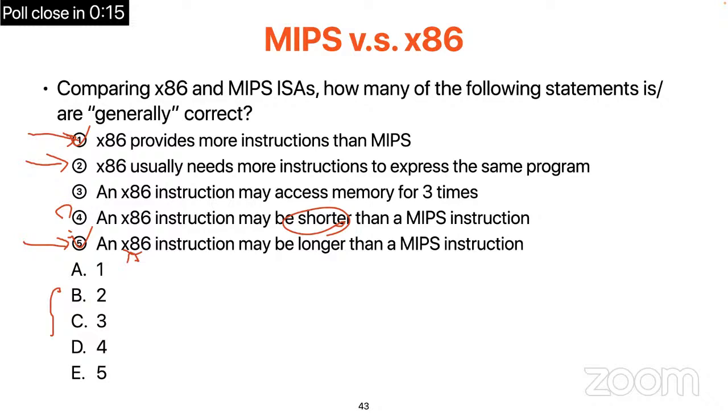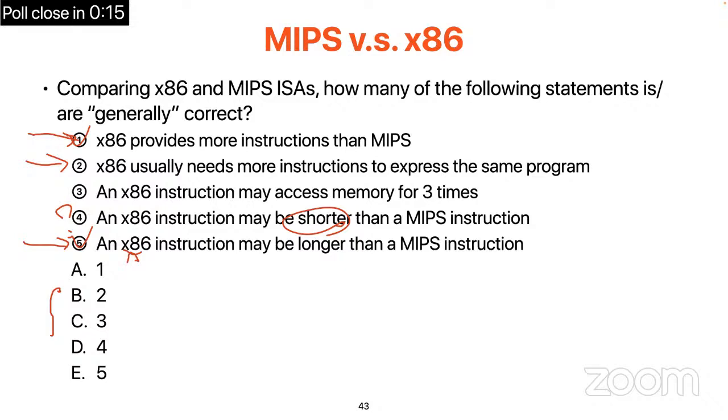For x86, an instruction may be only 1 byte, like the return instruction or the pop instruction. They could be 1 byte or 2 bytes. However, whether it's a jump or return in MIPS, every instruction is 4 bytes long. And ARM stays the same in the sense that every instruction is equally long.